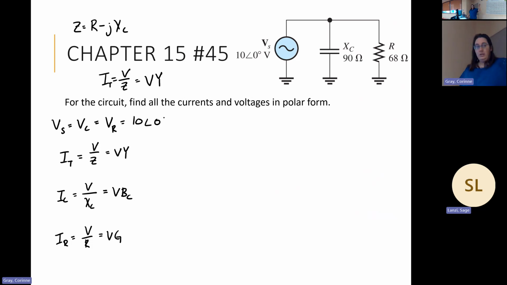So when I utilize Ohm's law for these, if I'm using R, it's going to be 68 ohms. What angle would I use for R? This is just an angle.